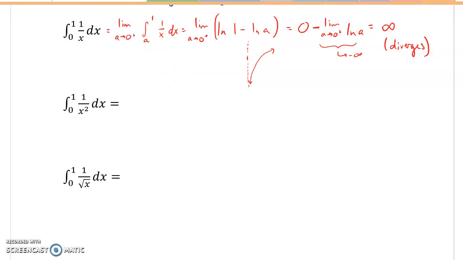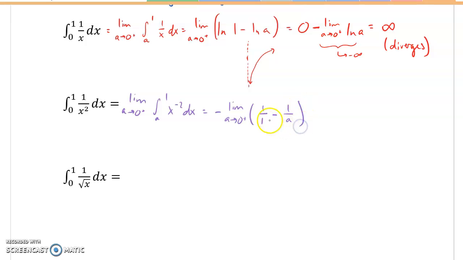We're doing purple on this one, I think. So we'll take the limit as a approaches 0 from the right of the integral from a to 1 of x to the negative 2 dx. And we already did that. The integral was negative 1 over x, so we'll evaluate negative 1 over x at 1 and at a, factor out the negative 1, and get 1 over 1 minus 1 over a.